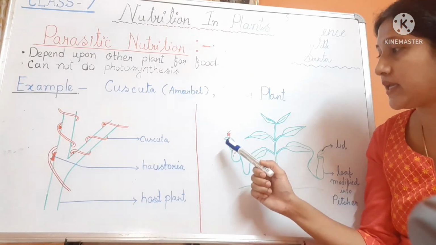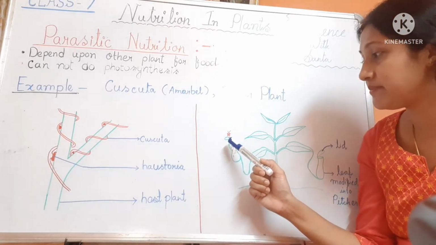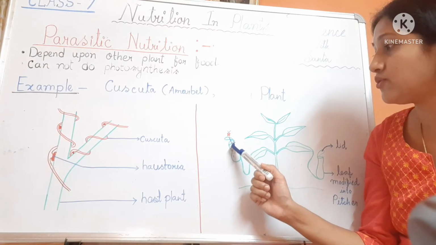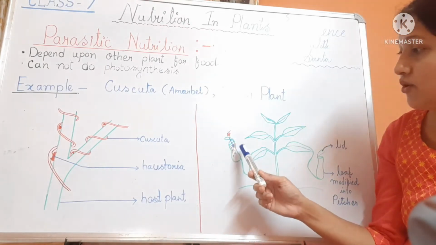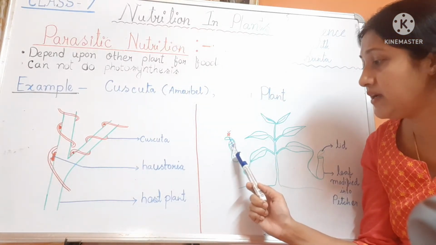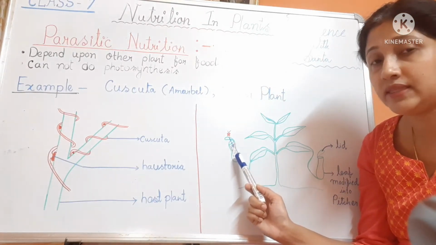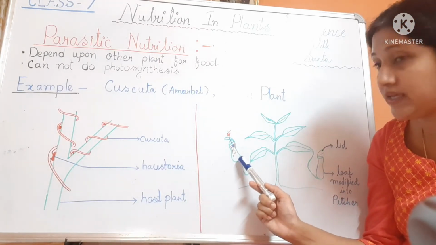When any insect sits on its leaf, the insect falls into the pitcher, because inside this pitcher there are some downward hairs, as you can see here.